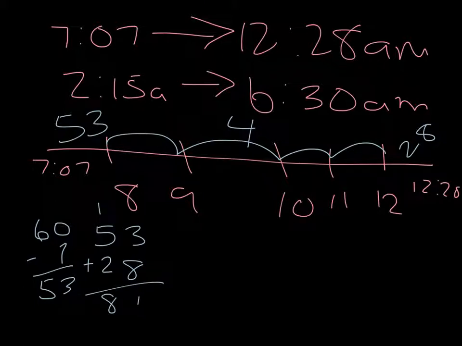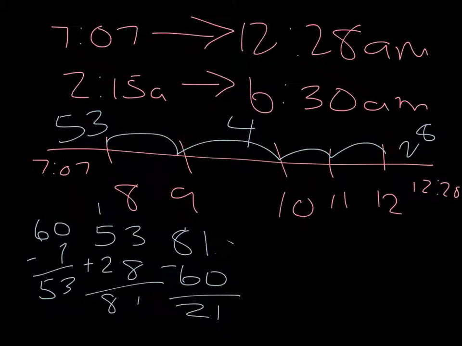Now, you would look at me awful silly if I said it was 4 hours and 81 minutes, because 81 is more than 60, and so it's more than 1 hour, so I have to take 81 minus 60, which gives me 21.